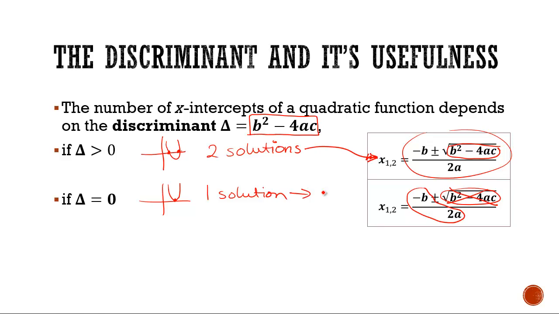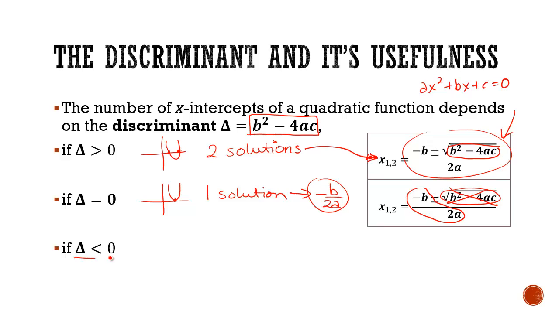And that one solution to the equation ax squared plus bx plus c equals 0, finding x for that, is going to be negative b over 2a, which is the x vertex point.